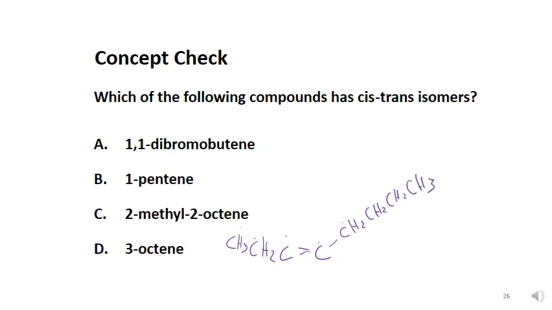That's 3-octene, but we have to think about what makes these 2 carbons happy with the double bond in between them. Needs another H. That's an ethyl group and a hydrogen. That's a 1, 2, 3, 4. So that's sort of like a butyl group and a hydrogen.